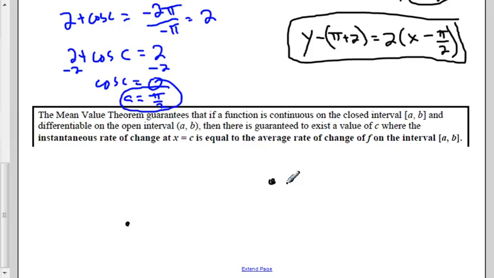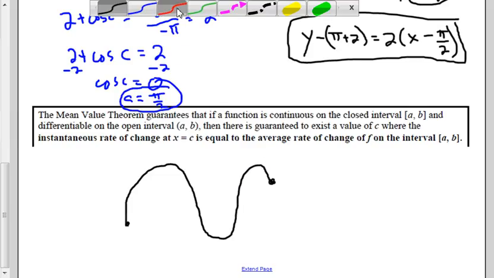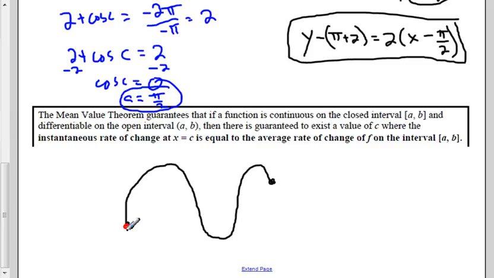Here are my endpoints, and it doesn't matter what my function is. There could be a whole bunch of them. And if I have this secant line, the secant represents the average rate of change, which is where we got into change in y over change in x. And again, this is the interval from a to b.